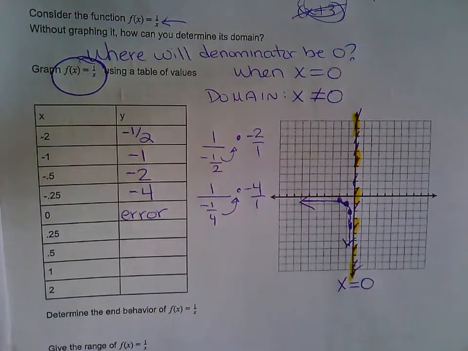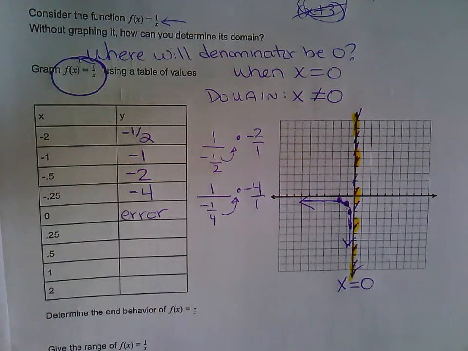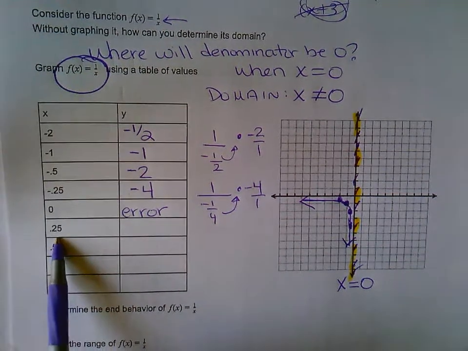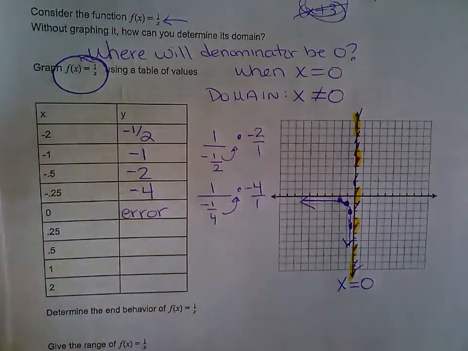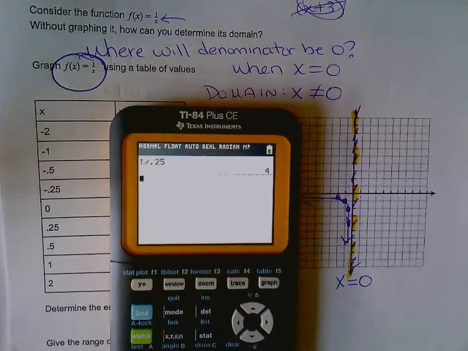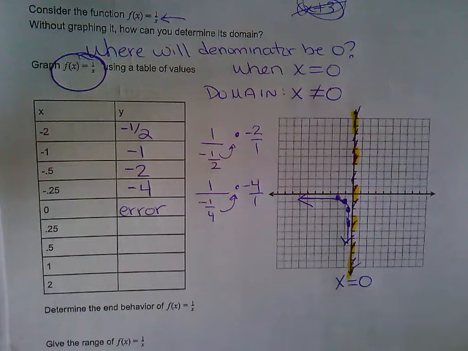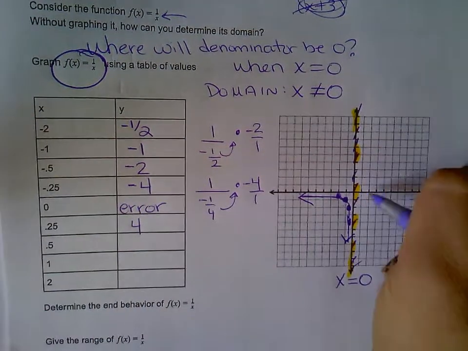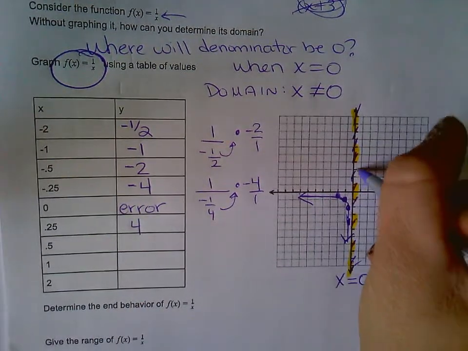What happens now if I take 1 and I divide by 1/4? So 0.25 is the same as 1/4. And if you don't know, we could also check on this calculator. 1 divided by 1/4 is 4. So 0.25, now I'm at 1, 2, 3, 4, I'm up here.